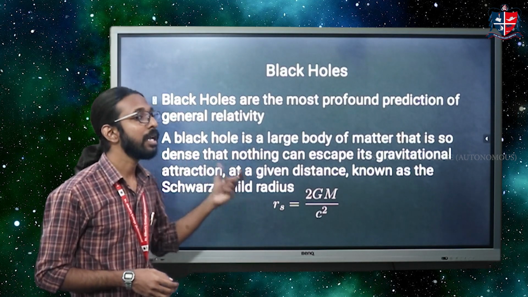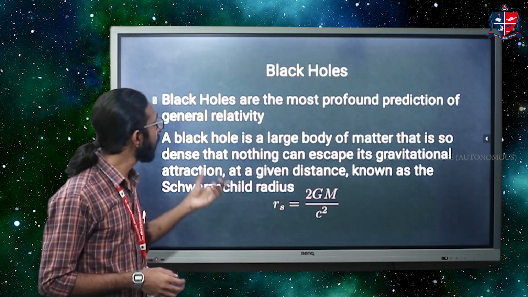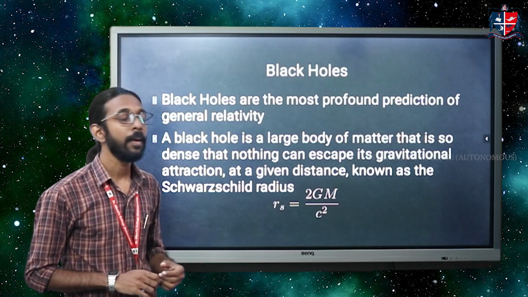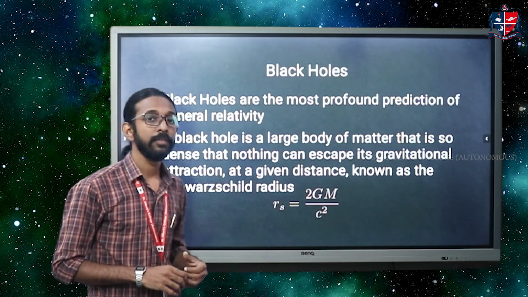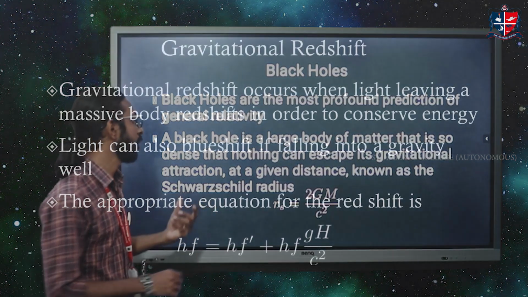That is why we say that the black hole will attract everything, including the light. Black holes are a major prediction of general theory of relativity, and the existence of black holes has been proven through observations.